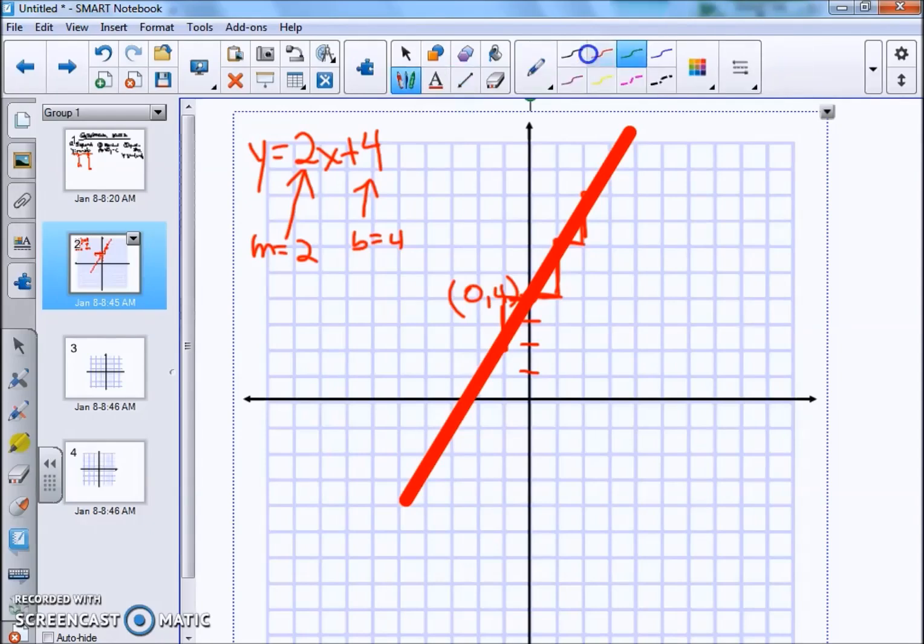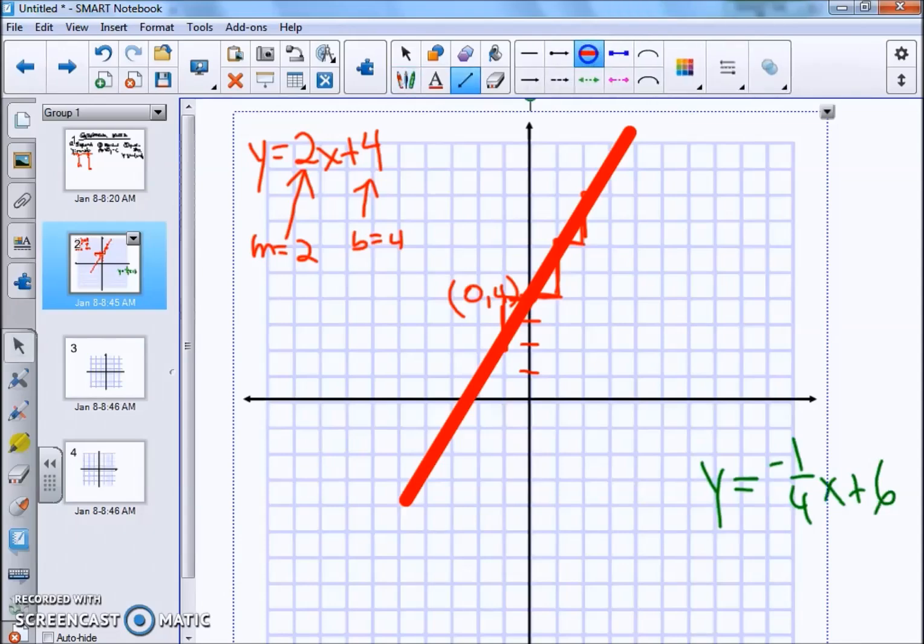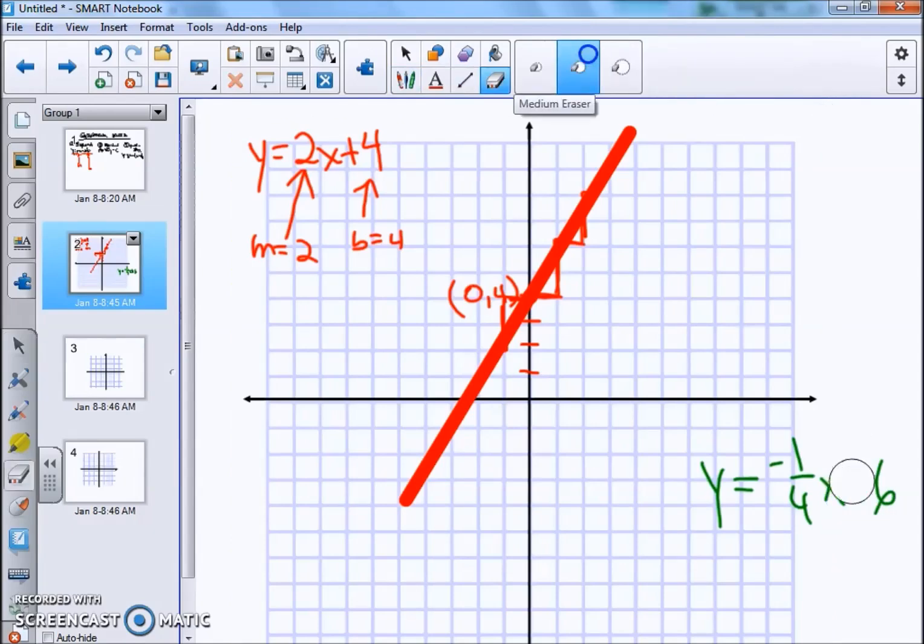Let's do one more example. Someone give me another one, this time with a negative slope and a fraction, and a negative y-intercept also. Negative 1/4 x minus 6. That's all right, let's change it to minus 6.